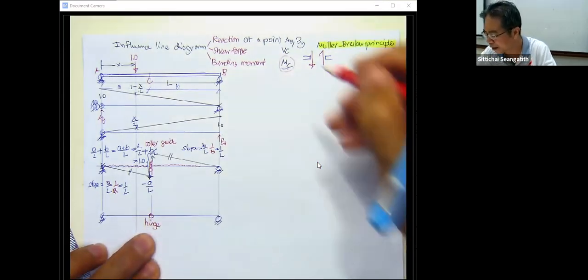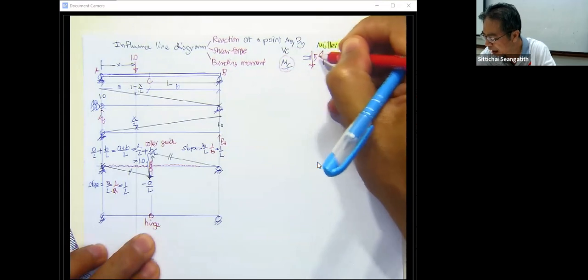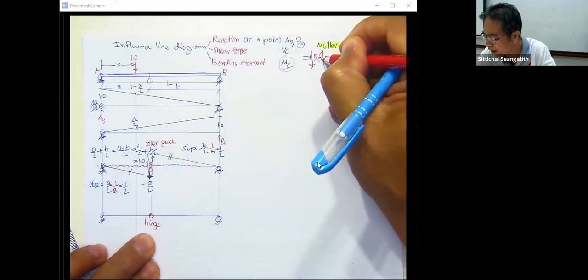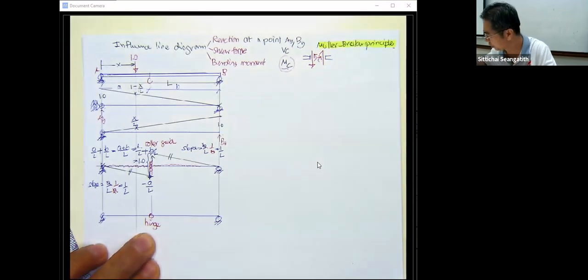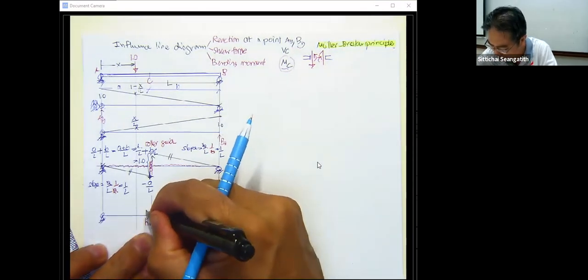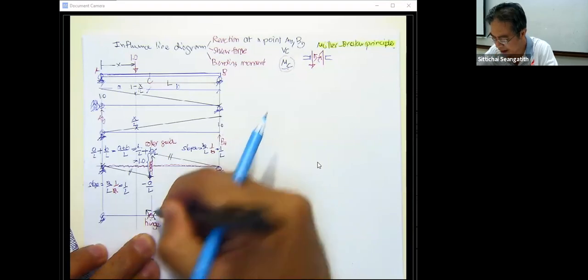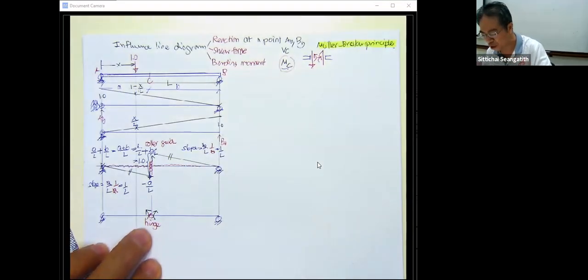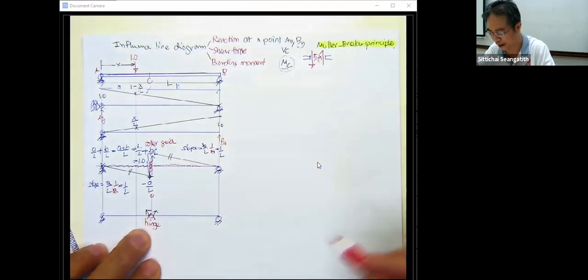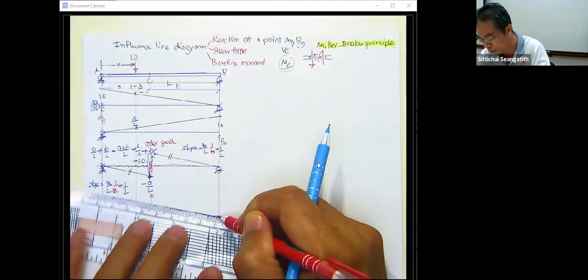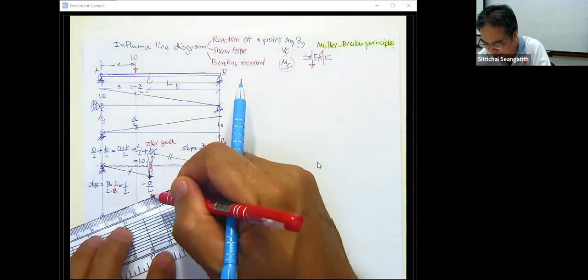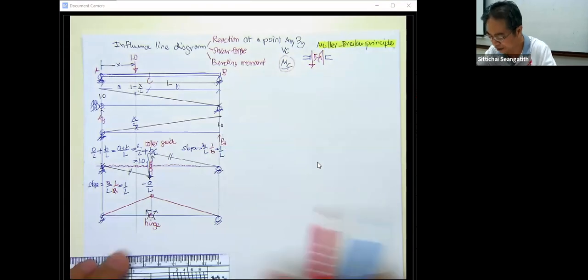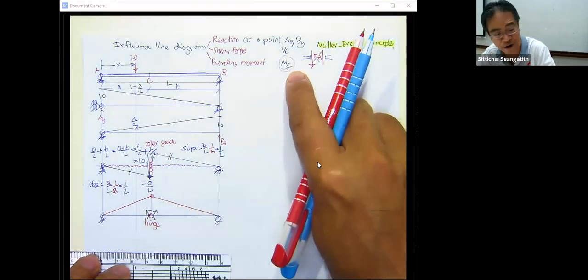Then, by the sign convention from the ending static for the positive moment, we put that moment in, and it looks like you are opening a door, so this point is going to move. Like opening a window or a door, the shape of the beam is going to be like this, and this is the influence line of M sub C.